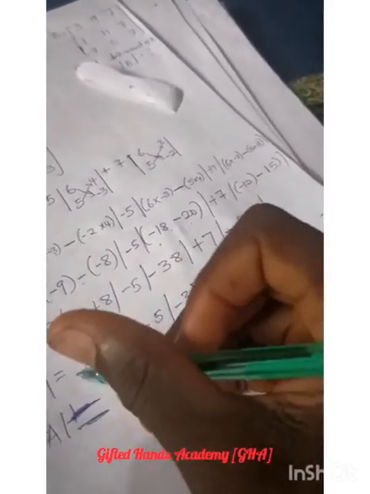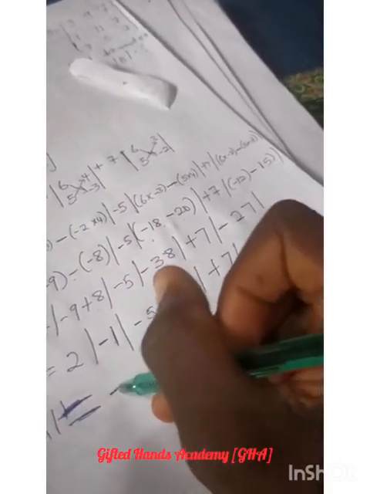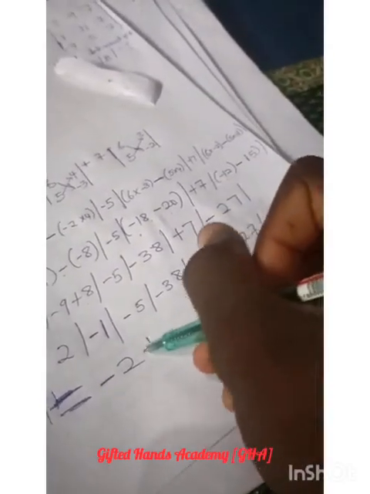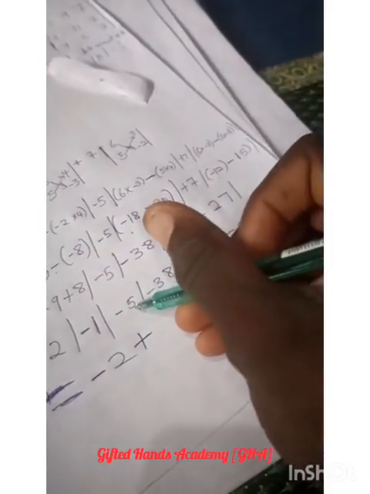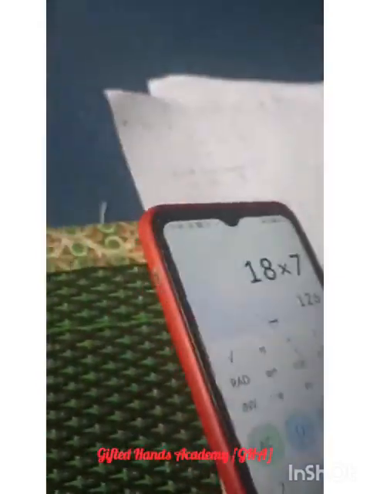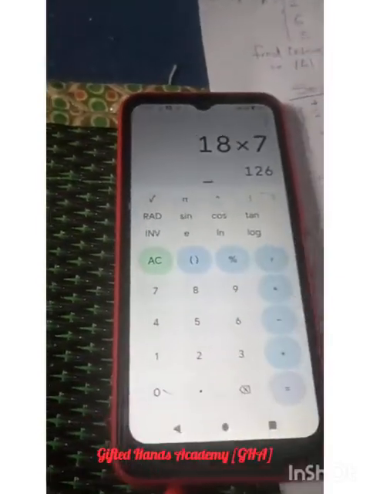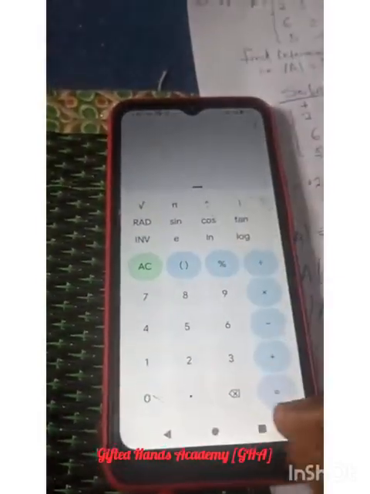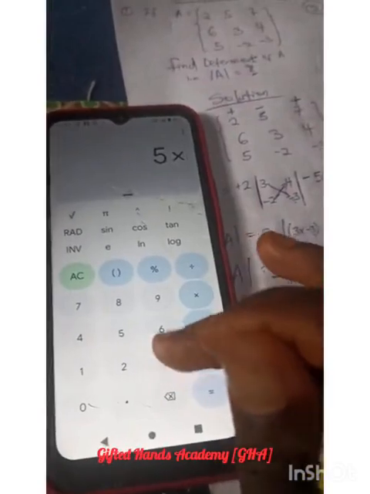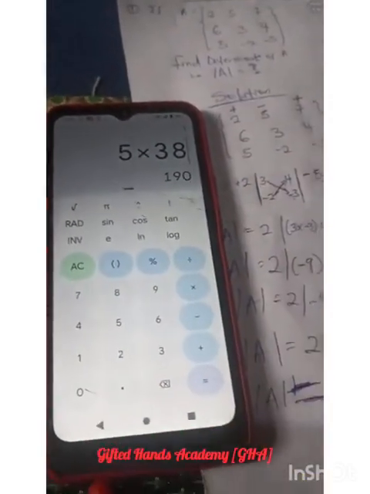So determinant of A is equal to 2 times minus 1, that's minus 2. Then minus times minus is plus. Then 5 times 38. So let me use my phone calculator. 5 multiplied by 38 gives me 190.